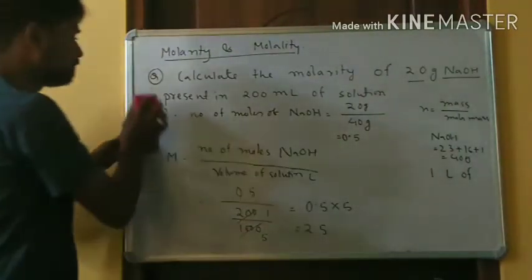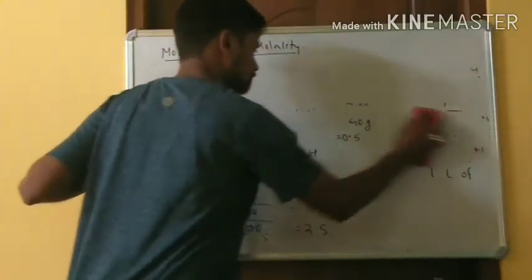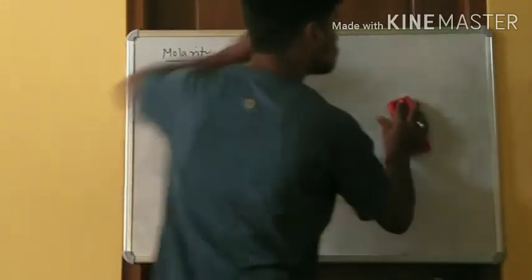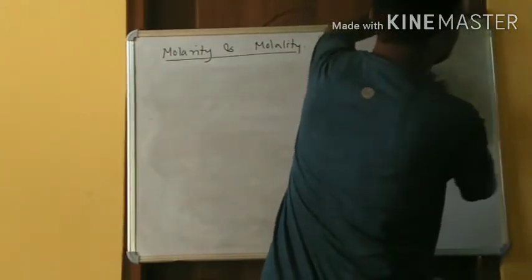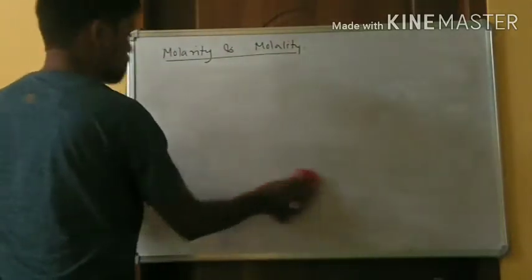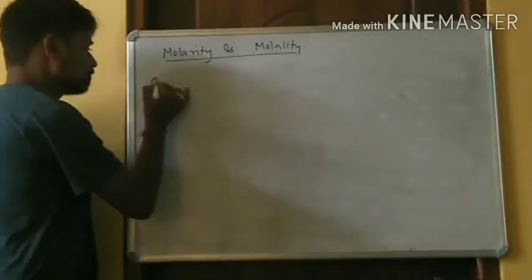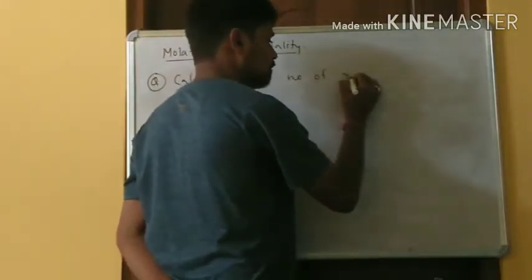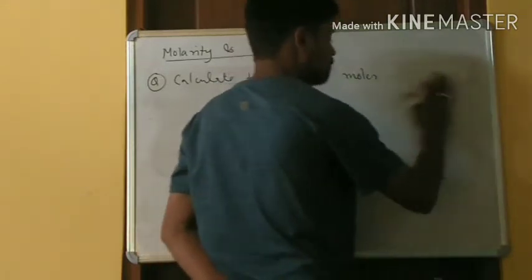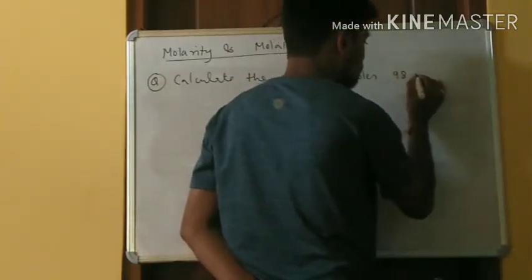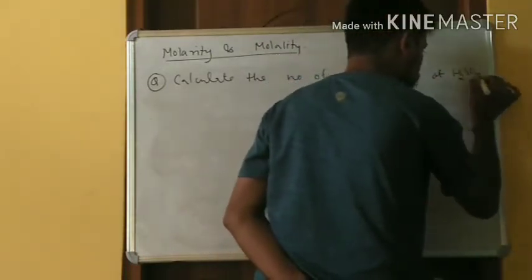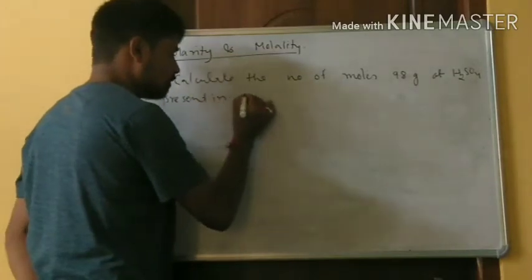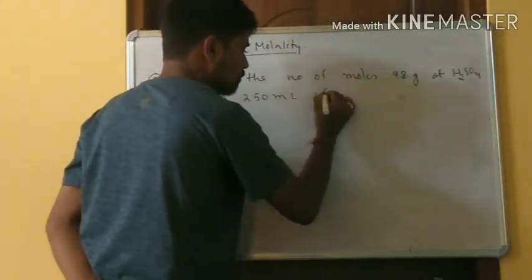Now let us take another example. Calculate the number of moles of 98 gram of H2SO4 present in 250 ml of solution.